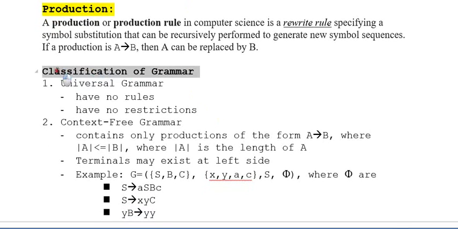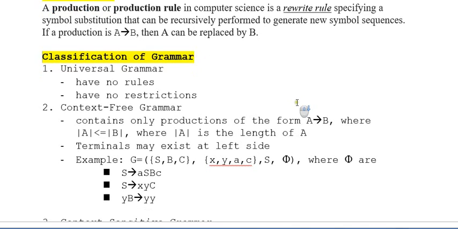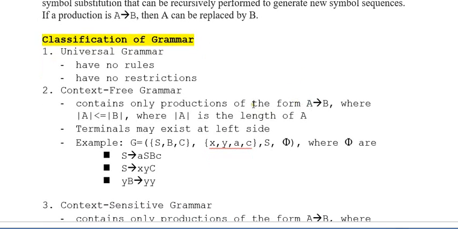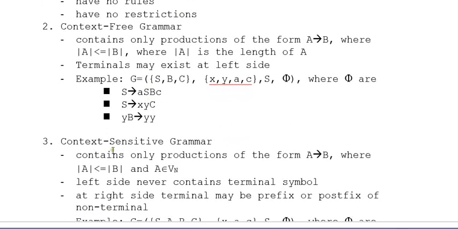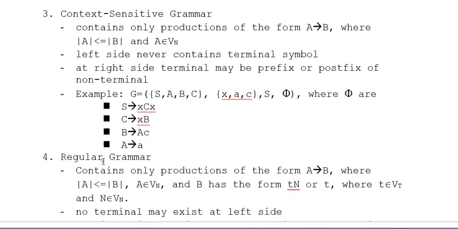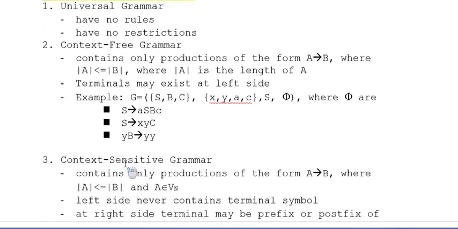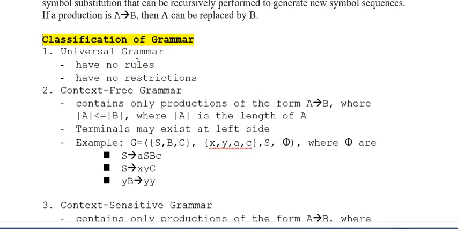Now, this is the most important thing in compiler design, which is the classification of grammars. Here are the four classifications of grammars: universal grammar, context-free grammar, context-sensitive grammar, and regular grammar. Universal grammar has no rules and restrictions. That means every grammar can be seen as a universal grammar, with no rules and regulation.